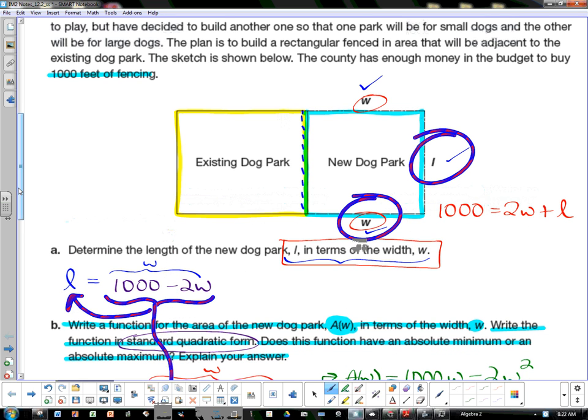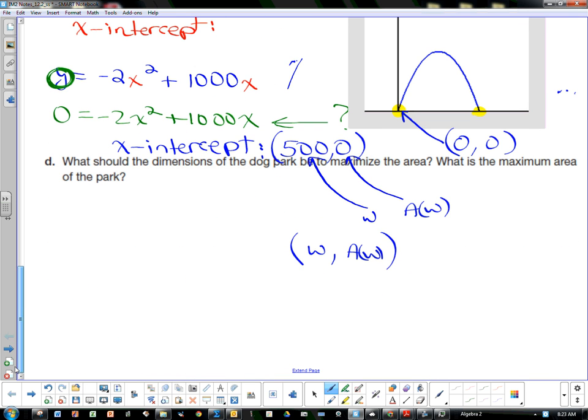If this was 500 and this was 500, you've used up all your fencing and couldn't even close the gap here, so the area that these dogs would run around in would be 0. There would be no area to run around in. Now, I don't think we would like to enclose our dogs like that with 500 as our width, correct? So we need to look down at this example here, part D, and it says, what should the dimensions of the dog park be to maximize the area? What is the maximum area of the park?